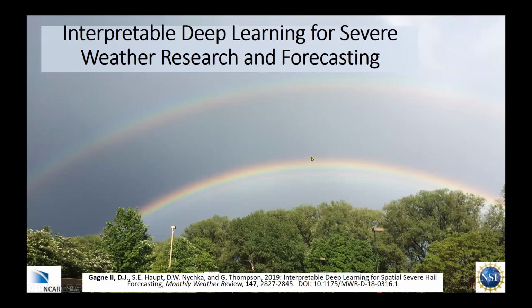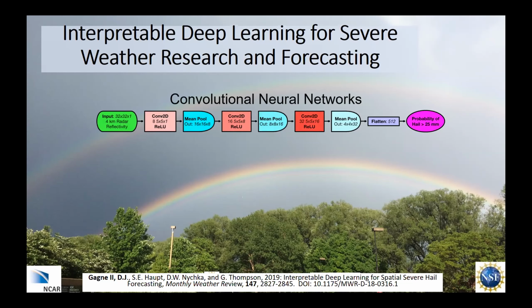Okay, one other area of severe weather research, actually accomplished by David John Gagne, our host today for this meeting, as part of his postdoctoral research. And he was looking at hail prediction as part of his project. What he was trying to do is calculate the probability of hail greater than 25 millimeters, where his input was 4-kilometer radar reflectivity.